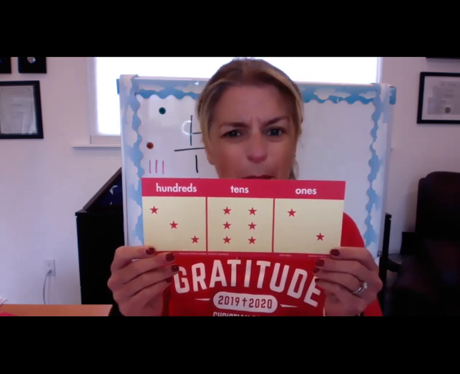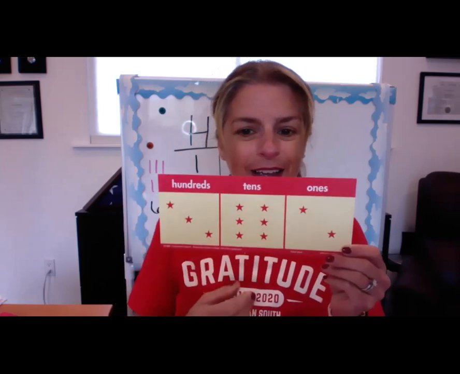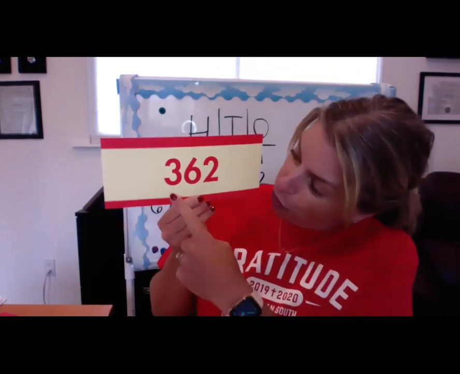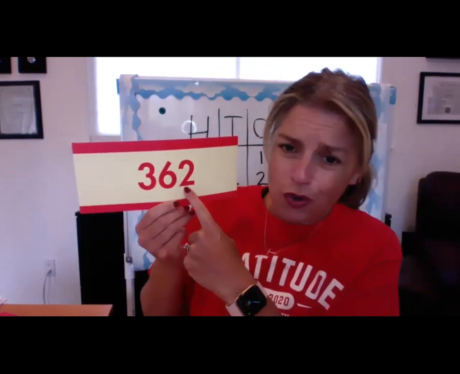Okay, what number did you get? Did you get 362? Yes, I'm so proud of you. Okay, guys, so we have added hundreds to our place value and our blocks.